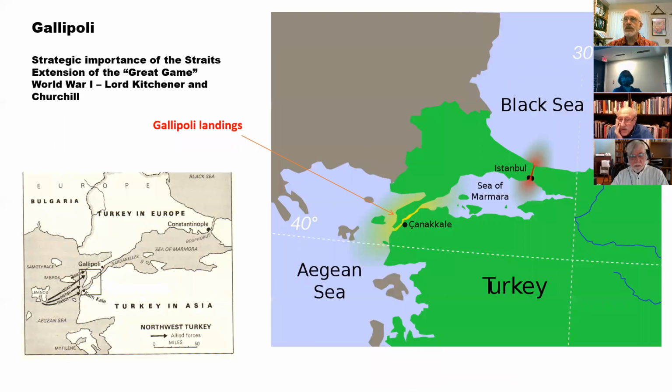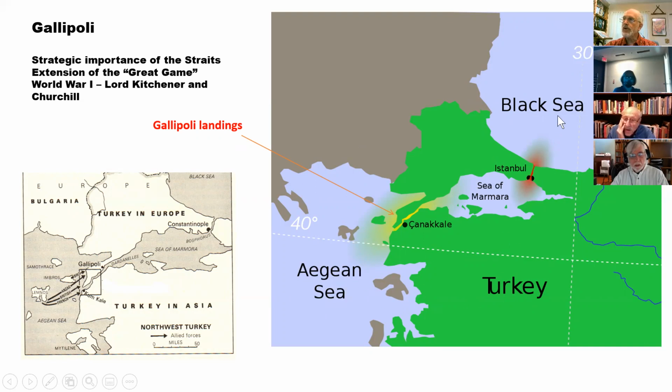Well, now we get to Gallipoli. What is the importance of Gallipoli? Here is Istanbul. Here's the Black Sea. Up here is Russia. Here's the Aegean and the Mediterranean down here. And here's Turkey.